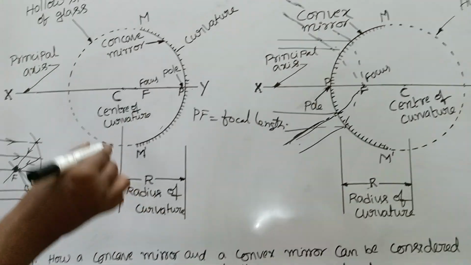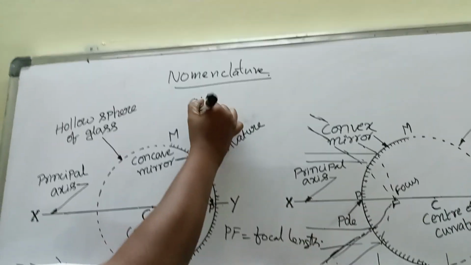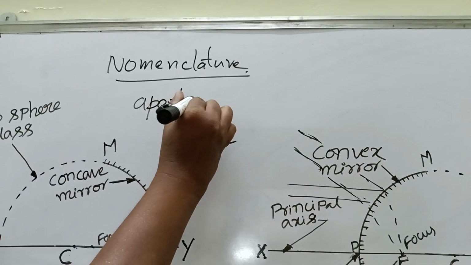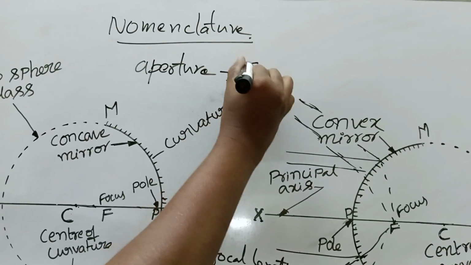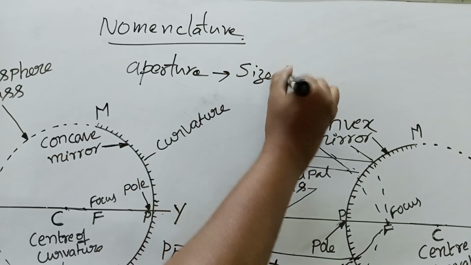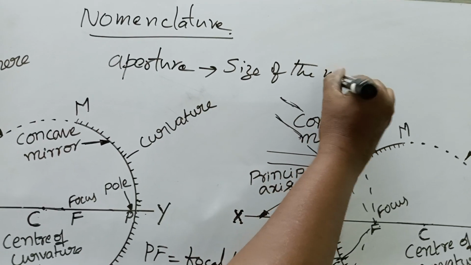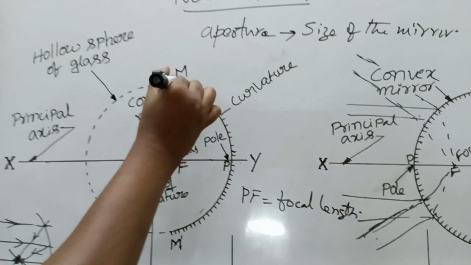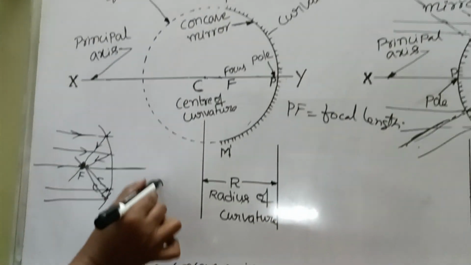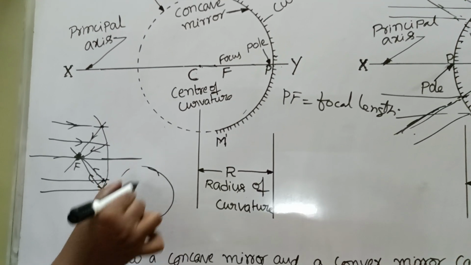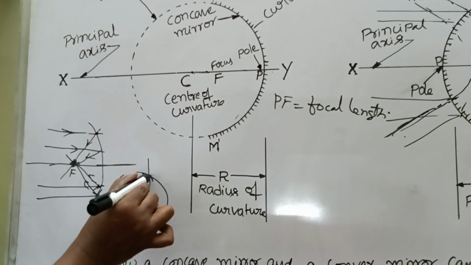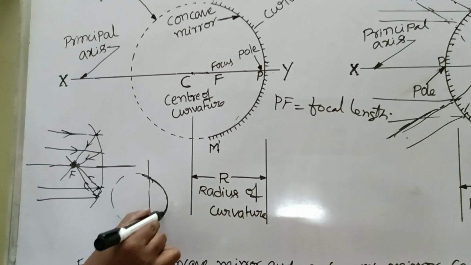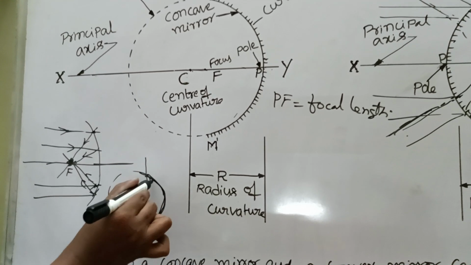And here there is another point called aperture. Aperture indicates the size of the mirror. For example, this is from the spherical surface. If you slice or cut it, this portion is called the aperture.